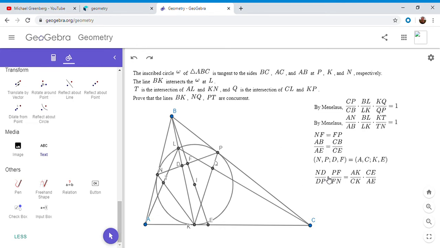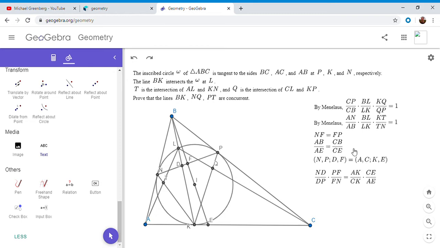But we have this equation, the two equations from Menelaus. Now, the two equations from Menelaus, for example, this one involves AN, but this involves AK instead. And so it turns out AK is equal to AN because they're both tangents to the incircle.